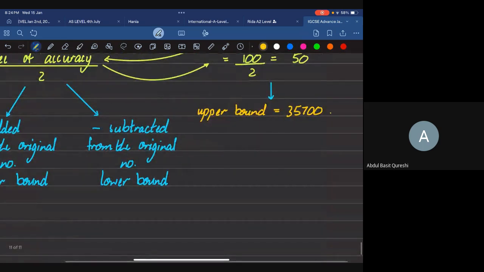That is 50, so this is going to be equal to 35750.